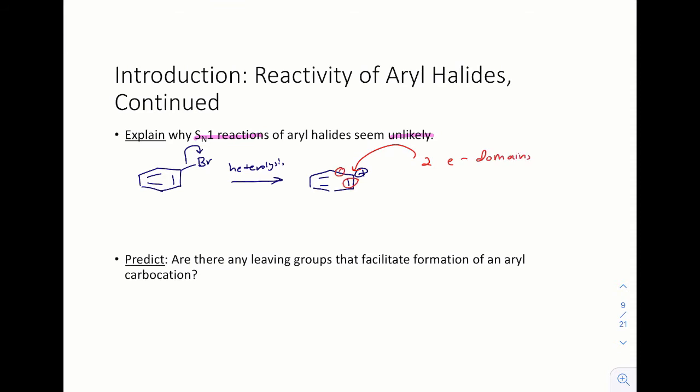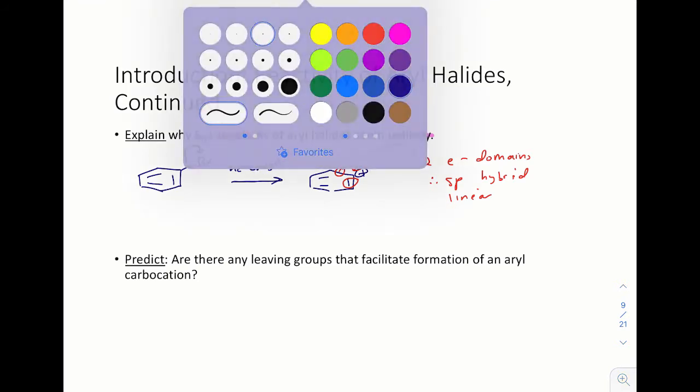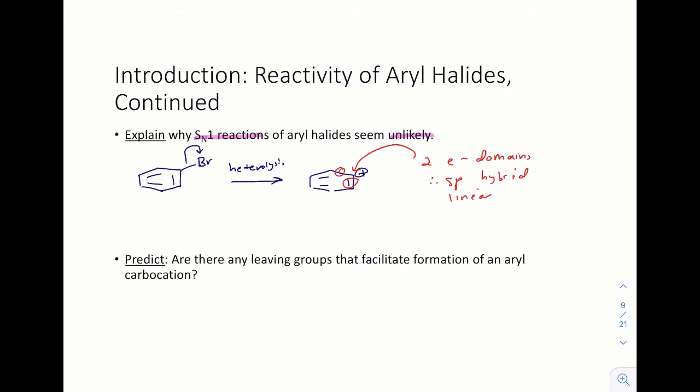So we would predict it is an sp hybrid. However, sp hybrids are linear. They have linear geometry. That will be impossible without breaking this ring open. So what does it mean if an atom cannot obtain the ideal geometry for the assigned hybridization? Yeah, it's very, very unstable.